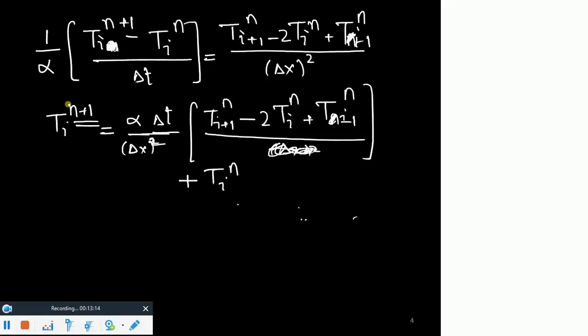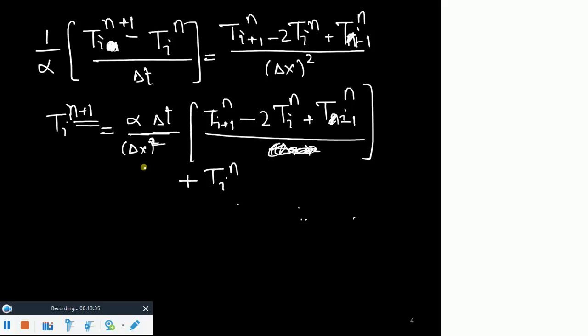This is quite interesting. You want to find out the value at n plus 1, let's say the second time level, but obviously at the n time level, which is the initial condition, you already know that, isn't it? So all the points on the right hand side, you know their values, because they are from the previous time level.